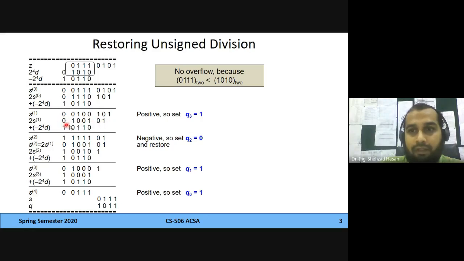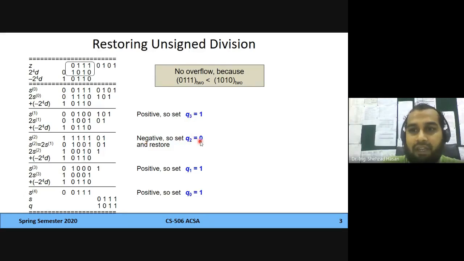Okay, in the next step we are going to start from this point, not this point. So this subtraction is going to be considered wrong, and then we are going to restore it back to its original value, which is this point before the subtraction. So if your result is negative, what you do is set the q bit, the q2 bit in this case, because q3 has been determined, so the next bit is q2.